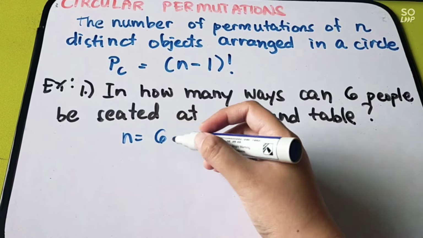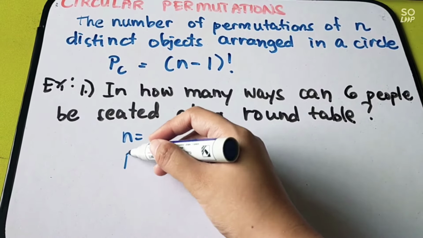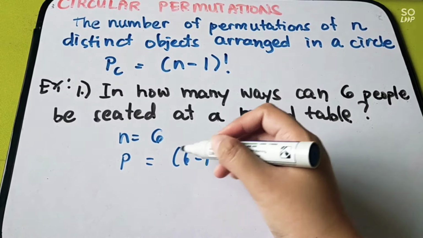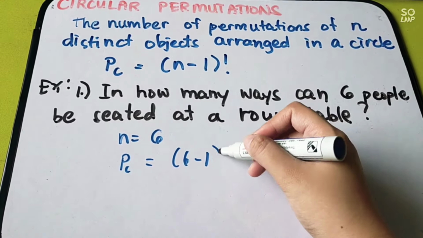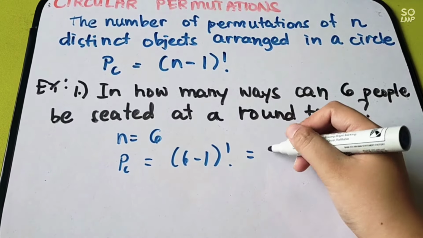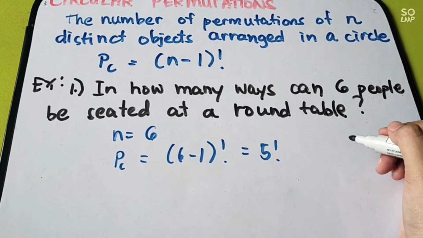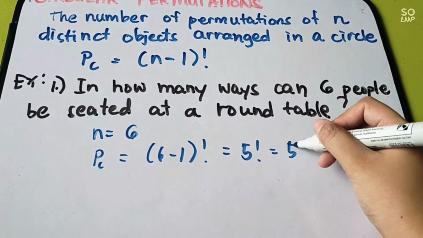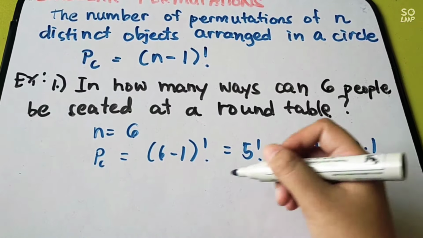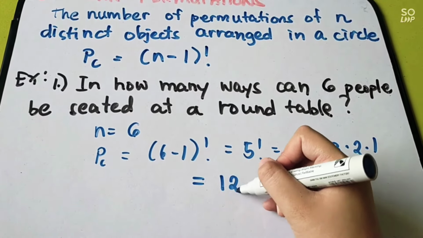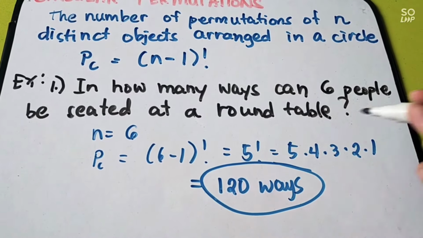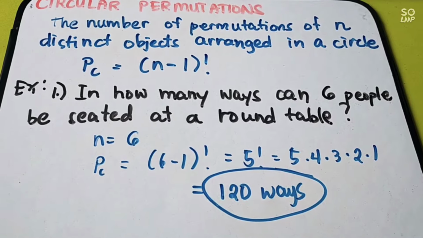So, P is equal to 6 minus 1 factorial, which is 5 factorial. Then, it is equal to 5 times 4 times 3 times 2 times 1. We have 120 ways. Ganun lang kasimple si circular permutation.